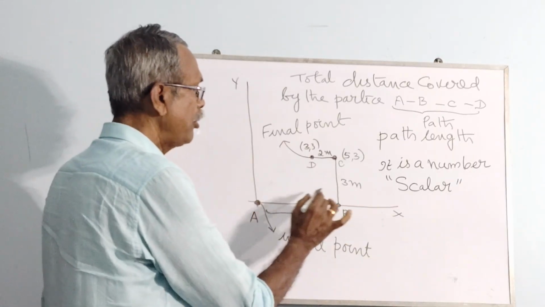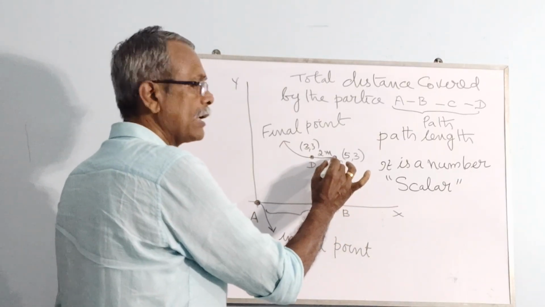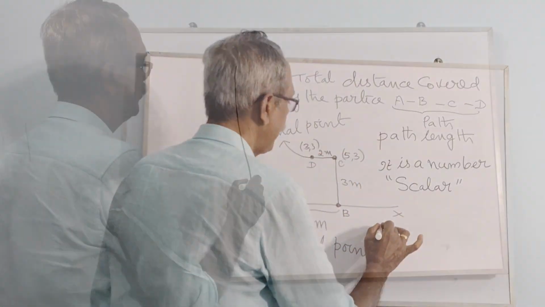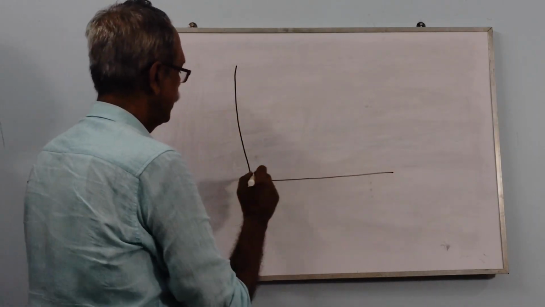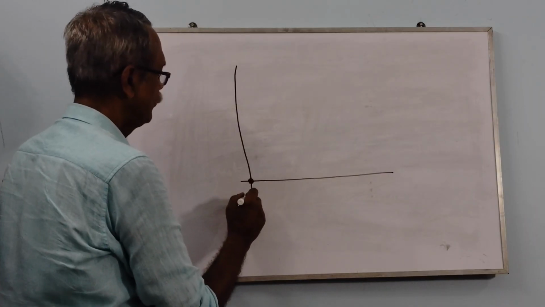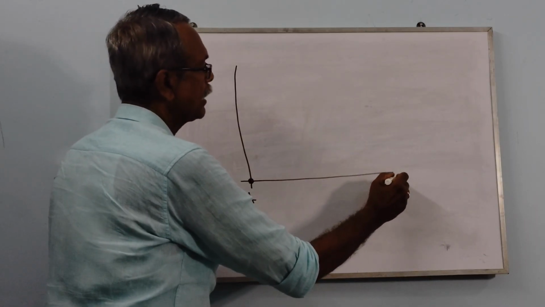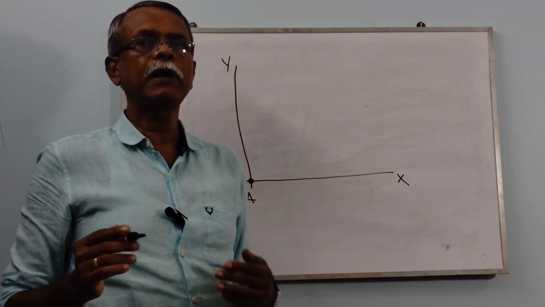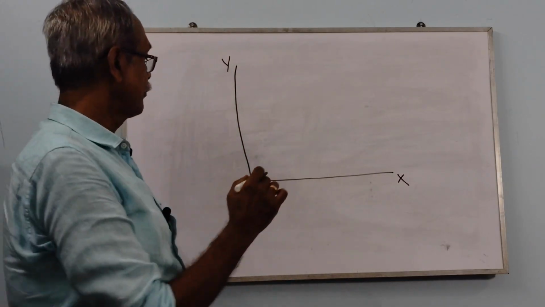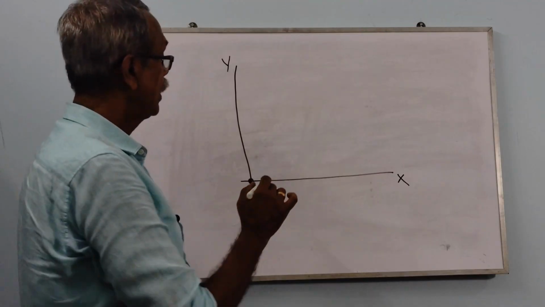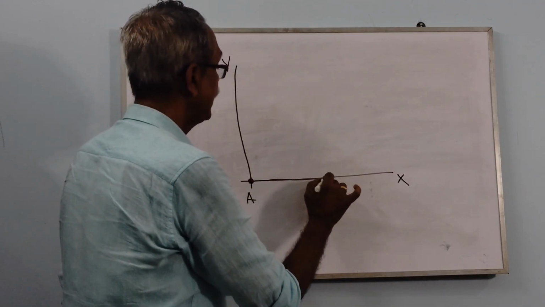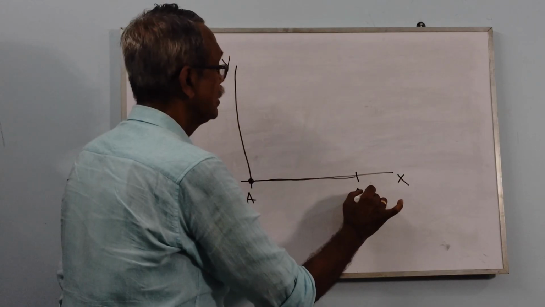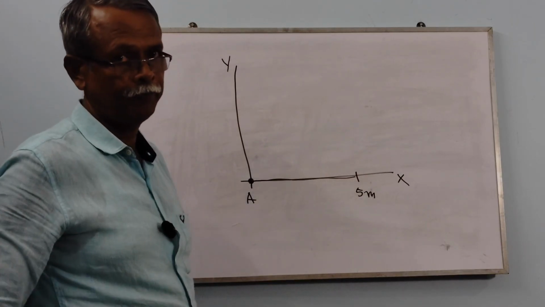Here, this 5 meter plus 3 meter, that is 8 meter, plus 2 meter. This point is the origin. This is the x-axis. This is the y-axis. A particle starts from the origin A and it travels a distance, say 5 meter, and reaches here.